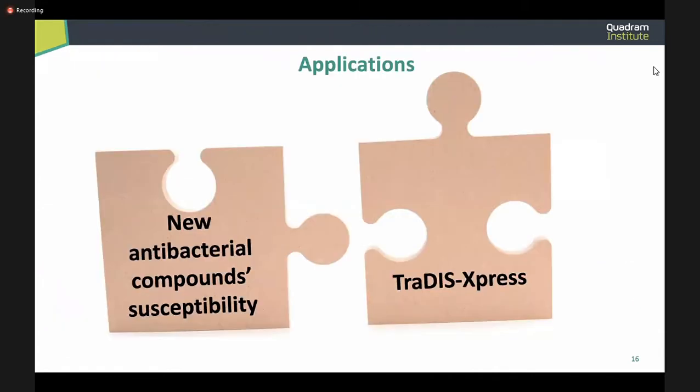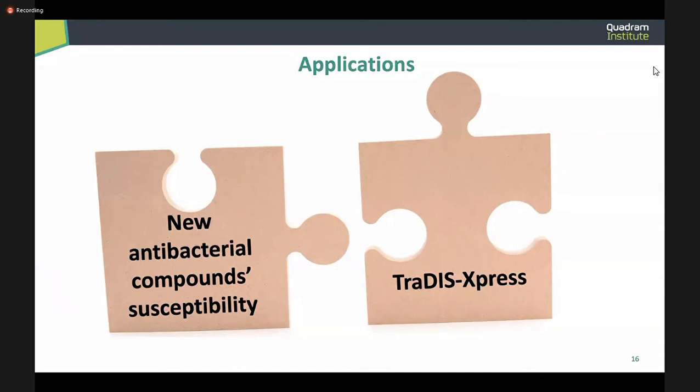So what are its applications? When we have new antibacterial compounds, I'm pretty sure in Pakistan, many students during their master's or PhD do antibacterial susceptibility tests with honey or garlic, etc. But they stop after doing MICs, and they don't know what the mechanism of action of that particular compound is.